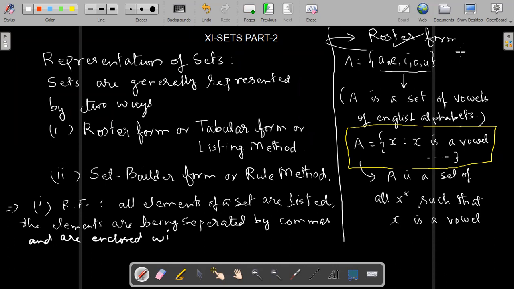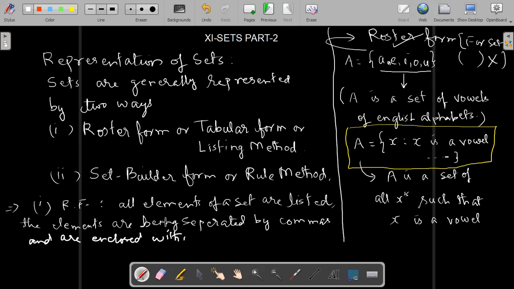For that we cannot use any other bracket. Only this bracket is confined for that. This is the bracket which will represent only a set.